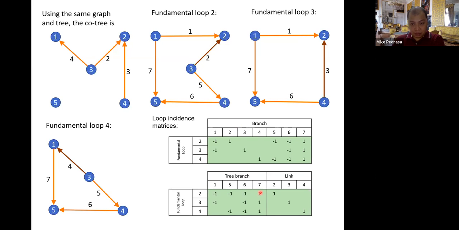Okay? So the only ones getting a positive are 7 and 2. That's the KVL, if we follow along row number 1.